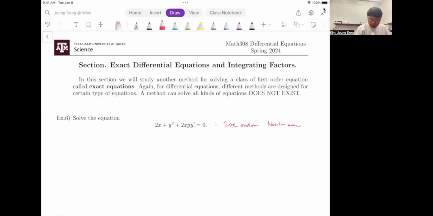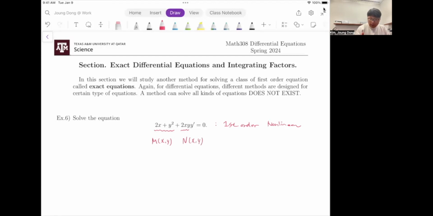So first of all, let's say this term without y prime is M(x, y), which is a function of x and y. And let's say the coefficient of y prime is N(x, y).